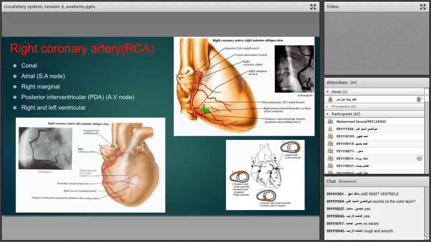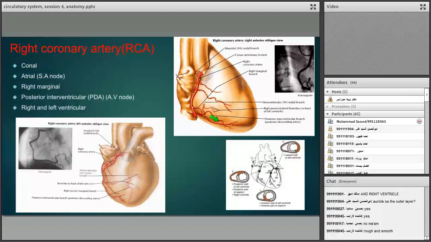This artery is placed in the posterior interventricular sulcus of the heart on the inferior or diaphragmatic surface of the heart.